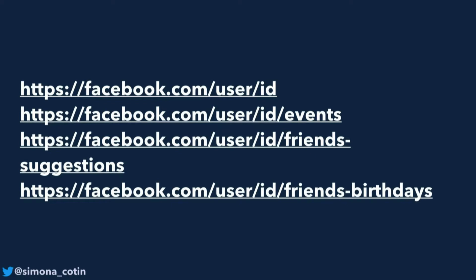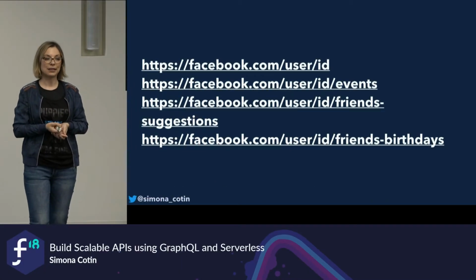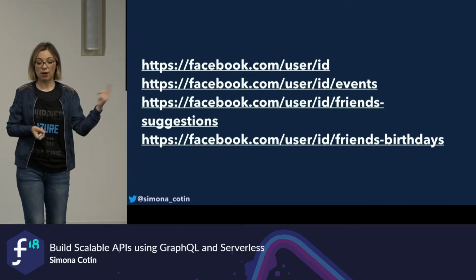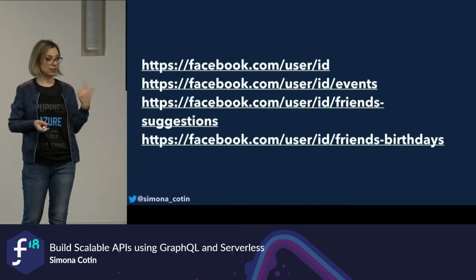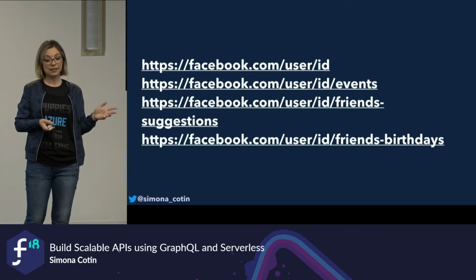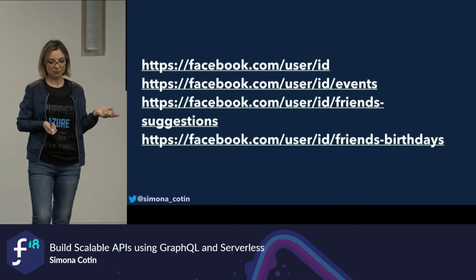That's one key characteristic of REST that we should implement whenever we're implementing REST APIs. So looking at the previous page, the requests that we are making are things like, give me the user information, so facebook.com user ID, give me the list of events, give me the list of friend suggestions, and maybe their birthdays.